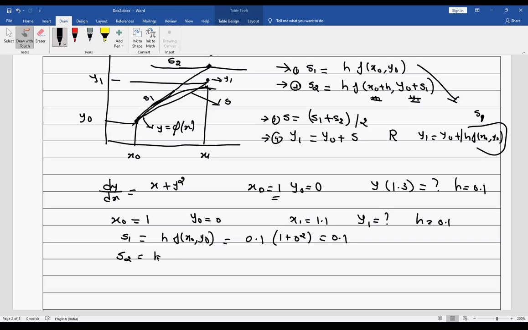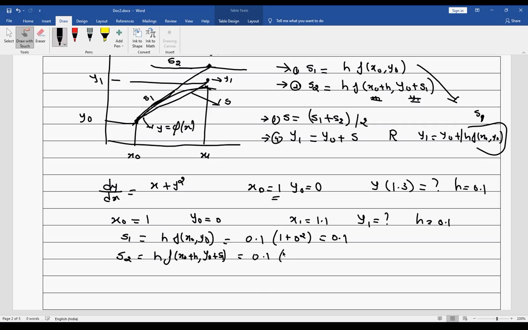Now my S2 will be h into f of x0 plus h. H is 0.1, so I get 1.1. So I write the formula first: x0 plus h, y0 plus s1.